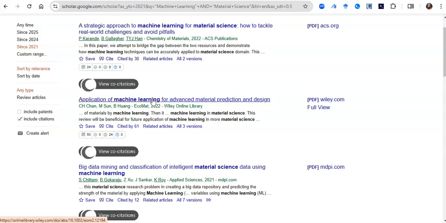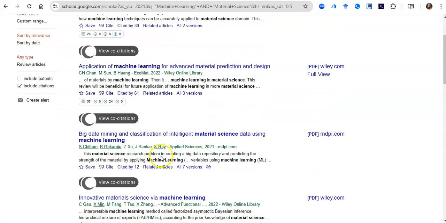So I will click on this paper, the application of machine learning for advanced material prediction and design. Now, looking at the topic only, I could see that, oh, machine learning is applied for material properties prediction and design. Good. Or big data mining and classification of intelligent materials data using machine learning.